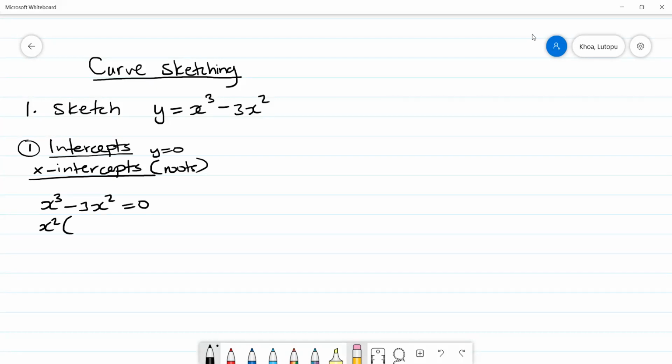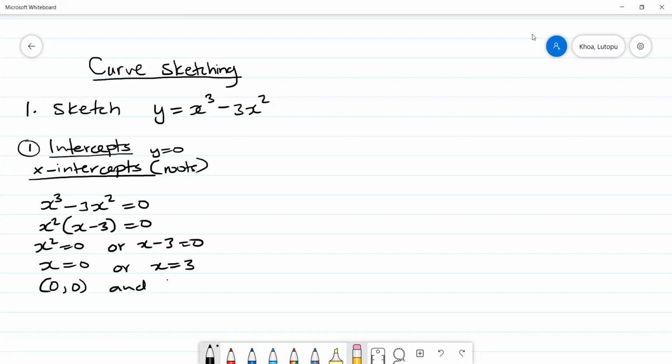We have x squared times (x minus 3) equal to 0. So x squared is 0 or x minus 3 is 0. Here x is 0 or x is 3. So my x-intercepts are (0, 0) and (3, 0).